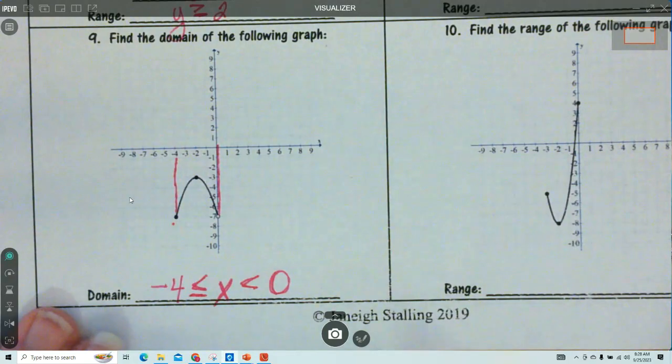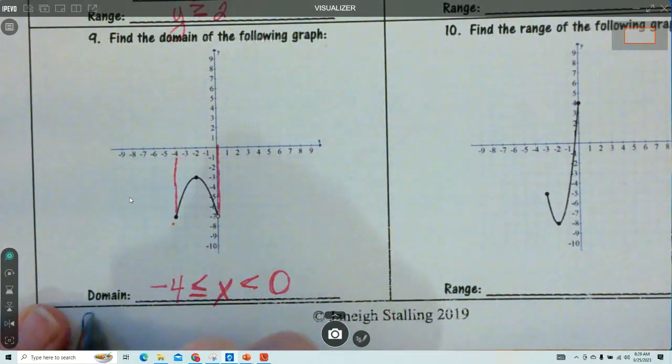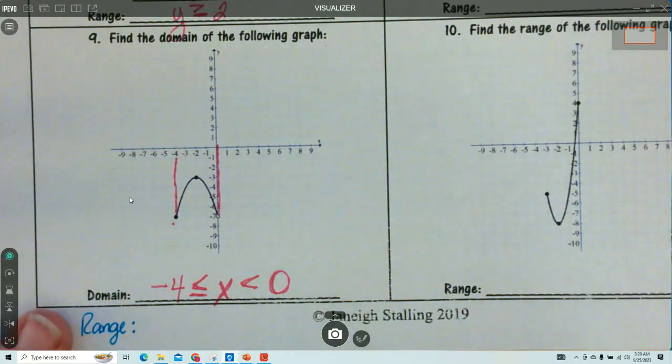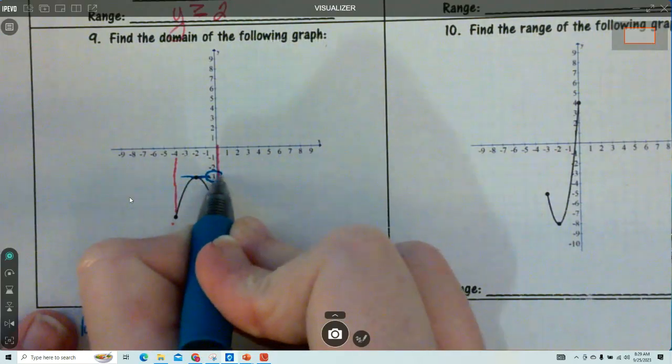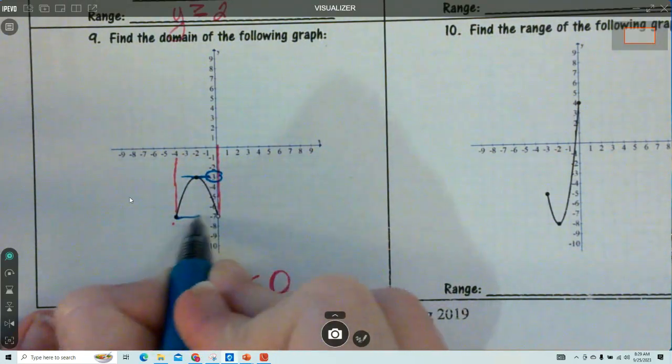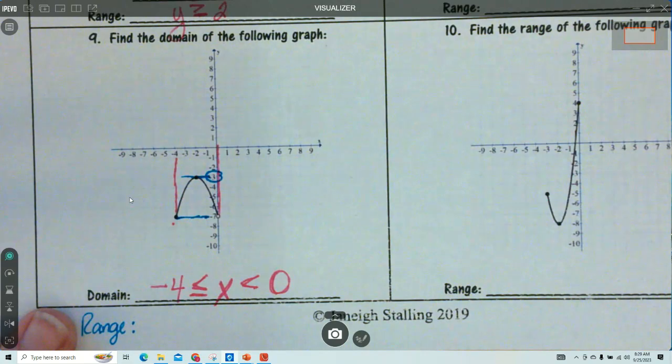So if we do the range of this one, what's my biggest y value on this graph? Biggest. Okay, so this graph, here's the biggest, and then the smallest is here. So -3 is my biggest. Does my sign get a line underneath it?